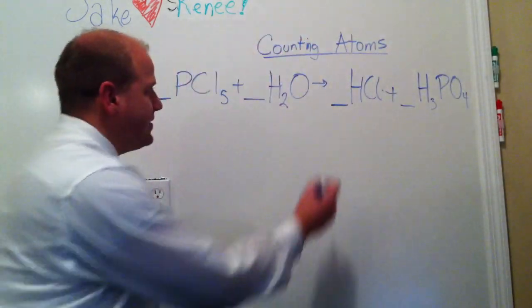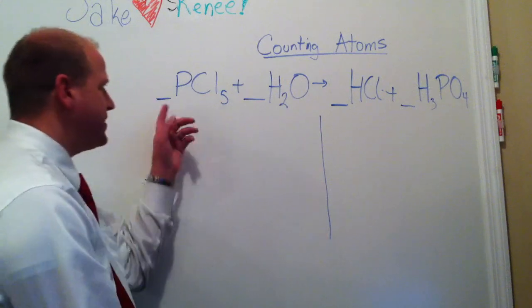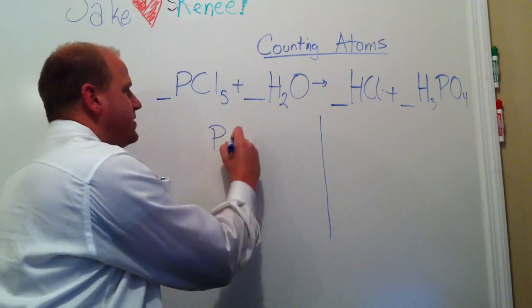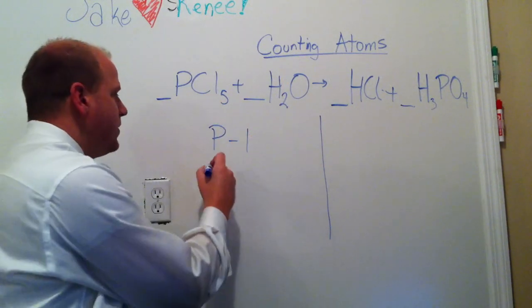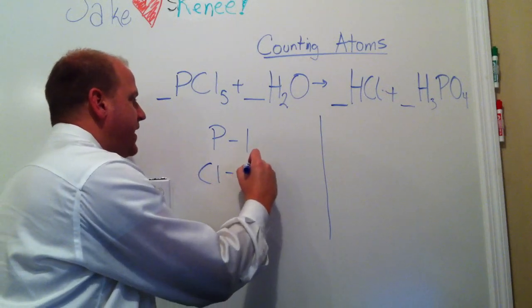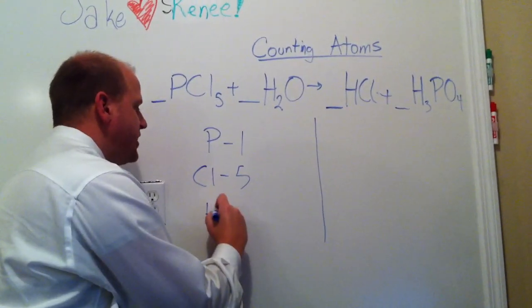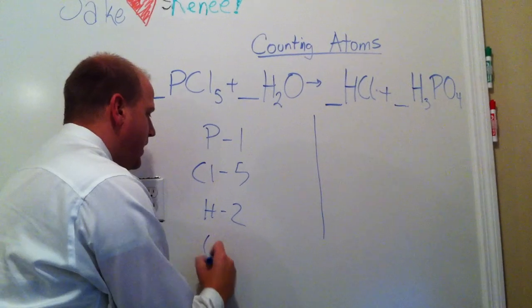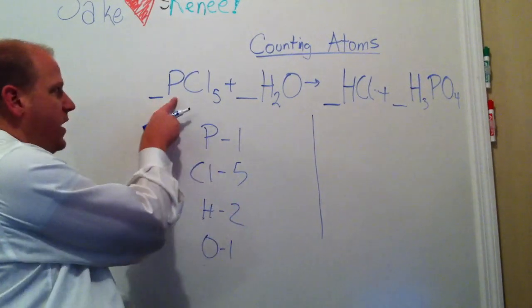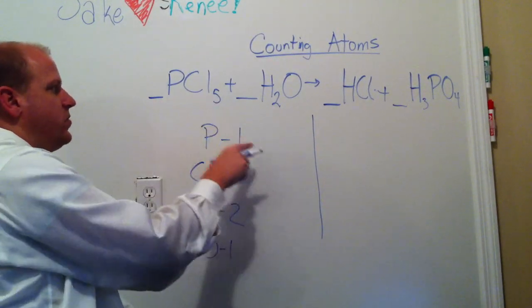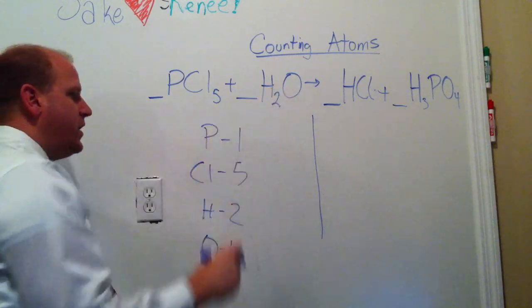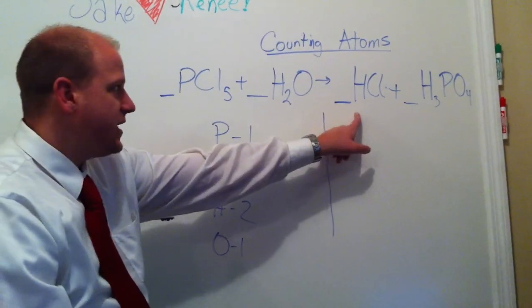Once again, I'm going to use my counting atoms method. So I'm going to start with my P's. I've got 1 P, which is phosphorus. We've got chlorine, 5. Hydrogen, 2. Oxygen, 1. So there's 1 P, 5 chlorines, 2 hydrogen, and 1 oxygen. Now we go to the other side.